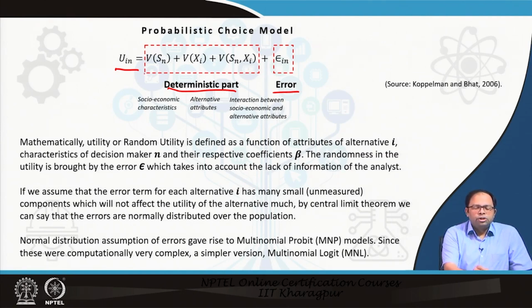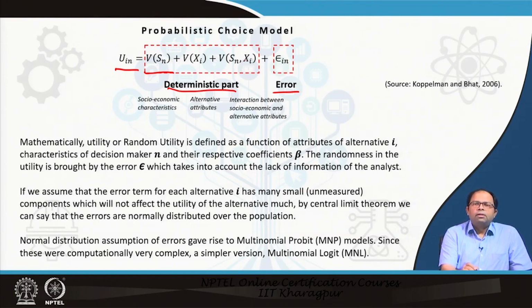For example, it could be socioeconomic characteristics of the individual which influence mode choice. So, that is V(S_n). That means it varies as per the individual, and then V(X_i) is the alternative attributes, that means depending on the mode these characteristics change. And then finally, we have terms which are interactions between both of these. That means it is a function where both S_n and X_i are considered.